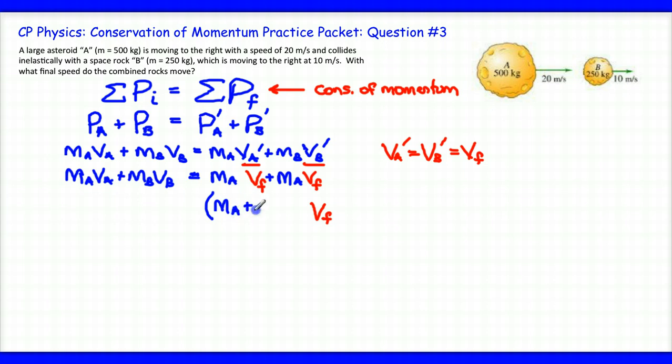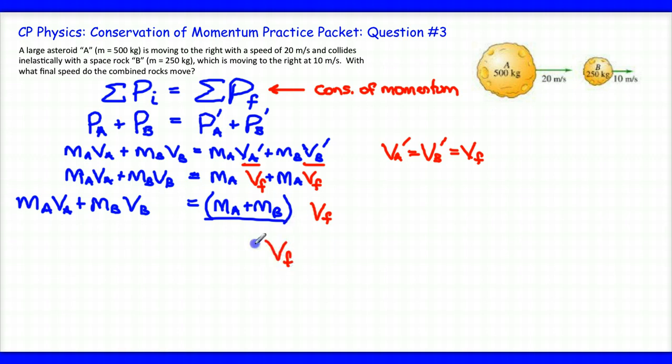I've got MA plus MB, so I've factored out the VF. On the left-hand side, I still have everything that I've had since I started this problem, MAVA plus MBVB. Now I'm ready to divide both sides by this term MA plus MB, and so I'll be left with an expression for VF.